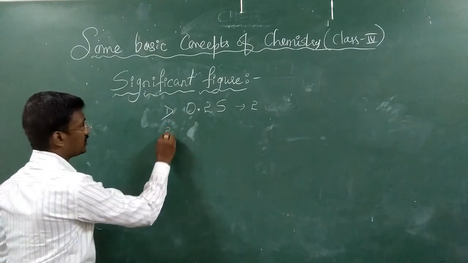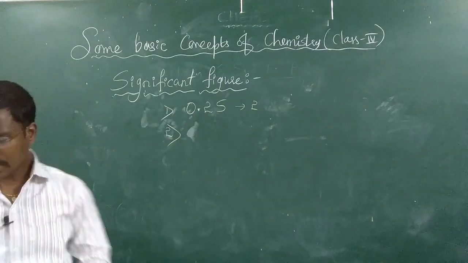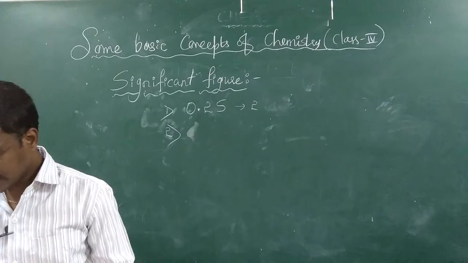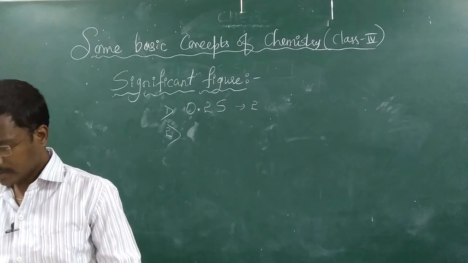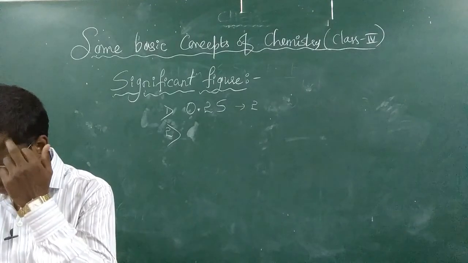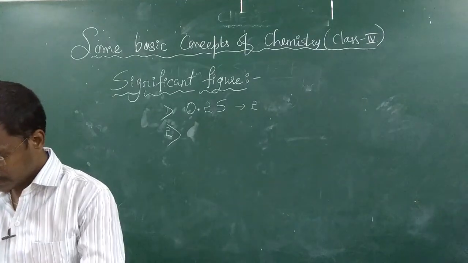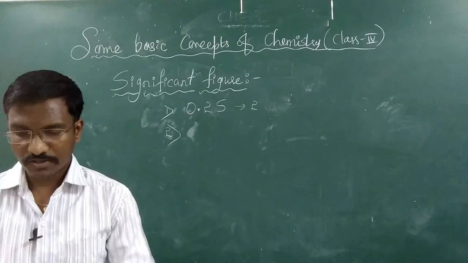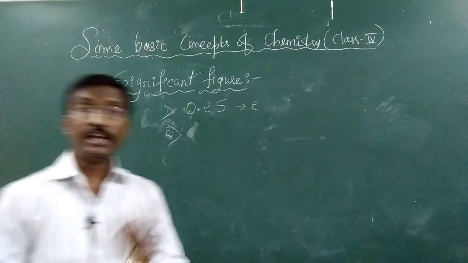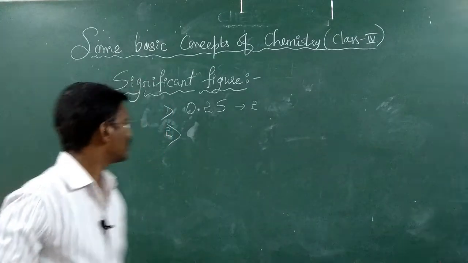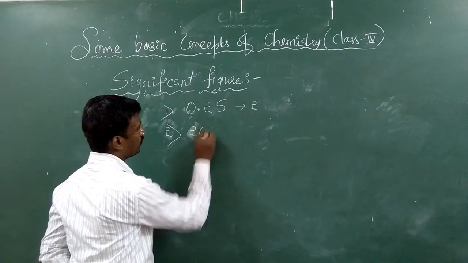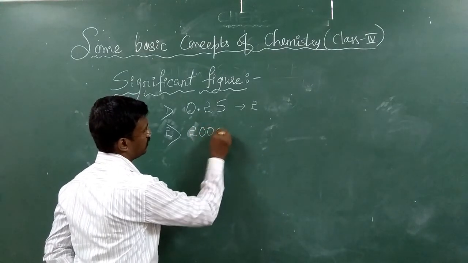The second rule: significant figures are considered for the zeros which are present in between the non-zero digits. Take 2005.